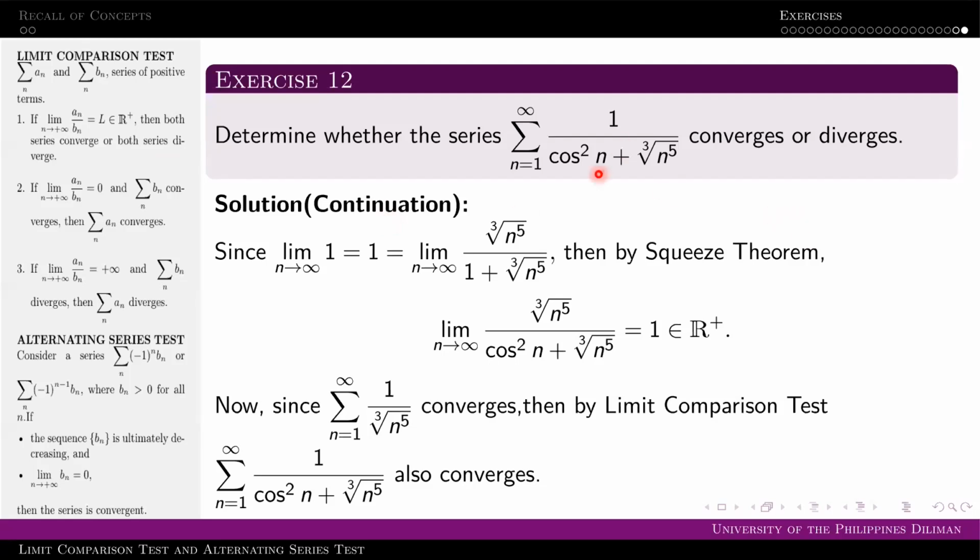So, in fact, since magagawa natin yun all the time, itong process na to, kung yung babaguhin lang natin dito sa an ay yung power ni n, then dependent lang dun sa power na yun kung magiging convergent or divergent yung series natin. Okay? So, indeed, ito ay nagko-converge. Whereas yung sa exercise 11, nagda-diverge.